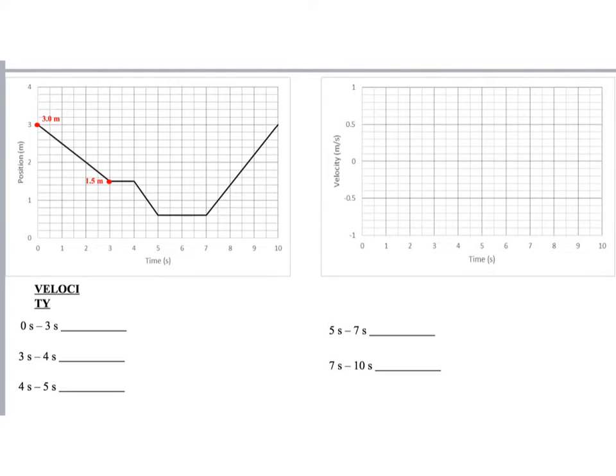If you look at the first piece of the line, we end at 1.5 meters and start at 3 meters. So we do 1.5 meters minus 3.0 meters to give us the top part of our equation.